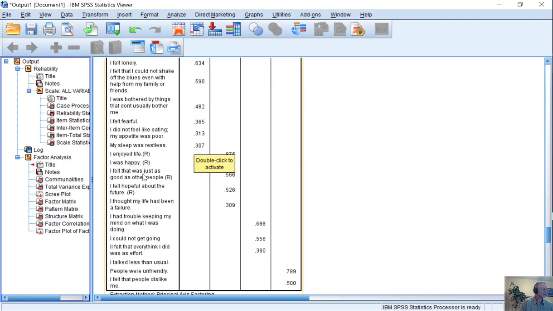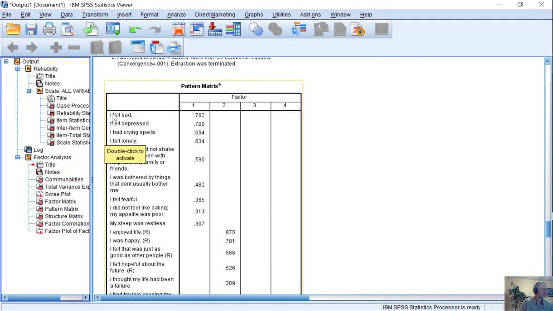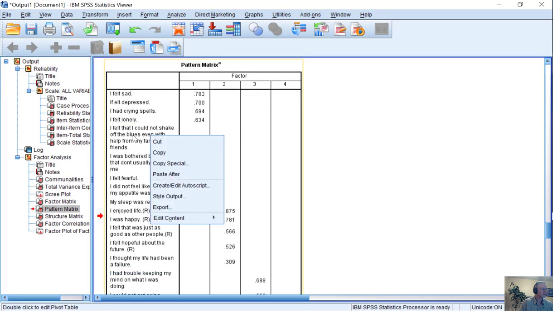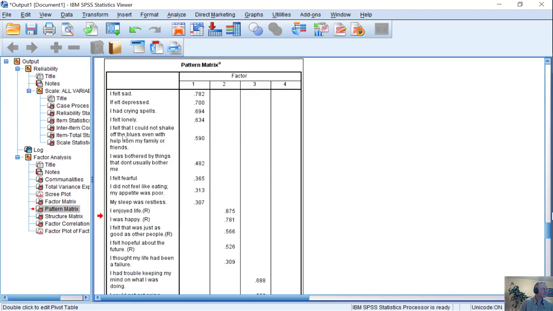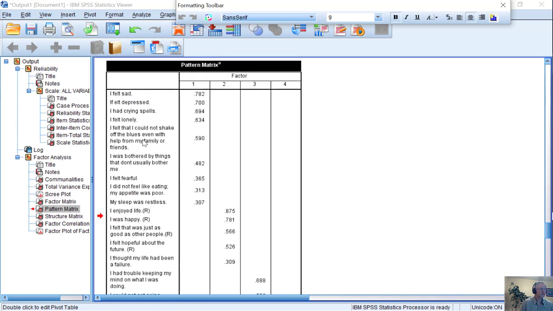One thing that we can do here is we might want to see what these items look like. Double click on these. Give me just a moment.